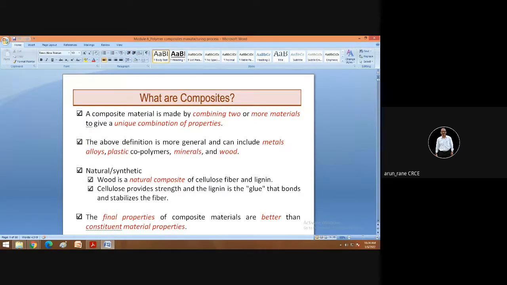Just give me a minute. Yeah, so actually not even 5 marks. It is just written composites only.